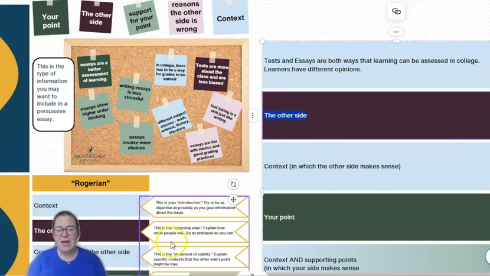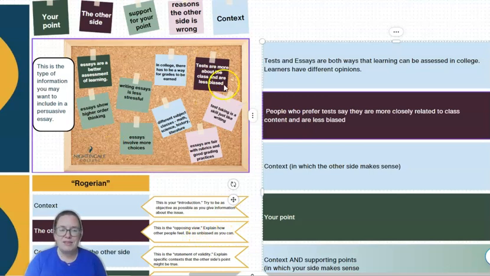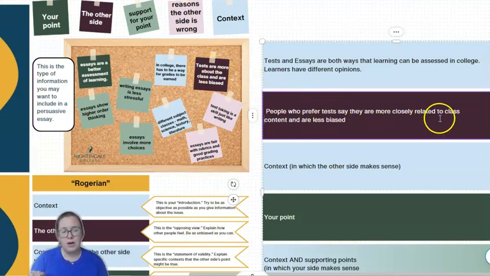I'm going to talk about the other side, which is the opposing view. I'm trying to be as unbiased as possible. So I have this topic here that they're more about the class content. So I could give examples. I could cite examples of test questions compared to essay topics.